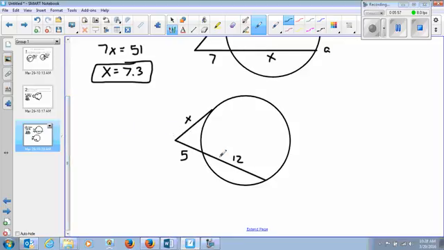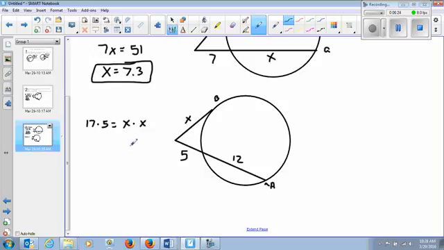So this time the whole segment, we'll call this the line A, and we'll call this one B. So we have the whole line A, which ends up being 17, times the part that's outside, which is 5, equals the whole line B, which is just x, times the part that's outside, which is also just x.